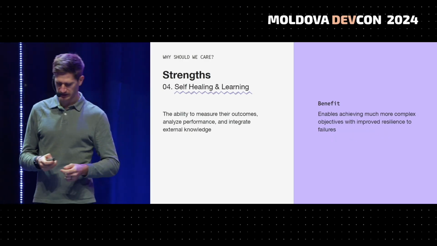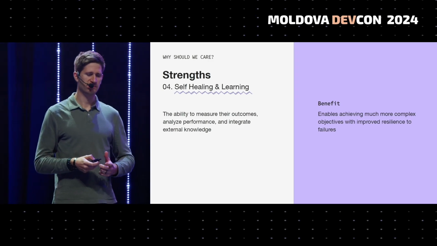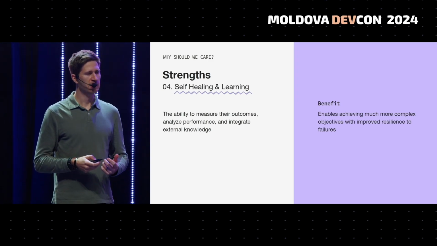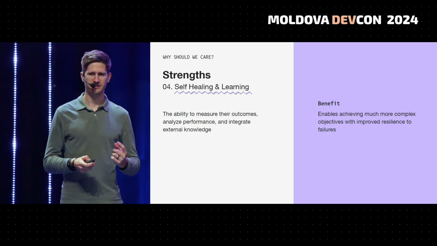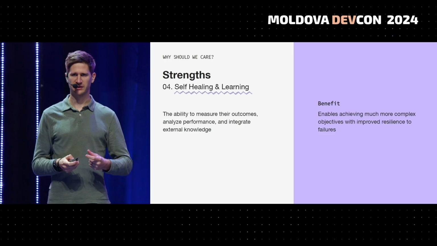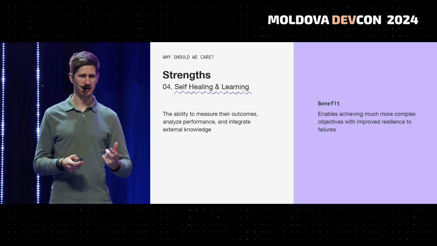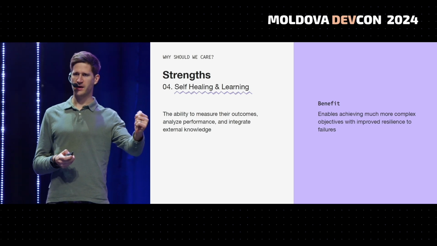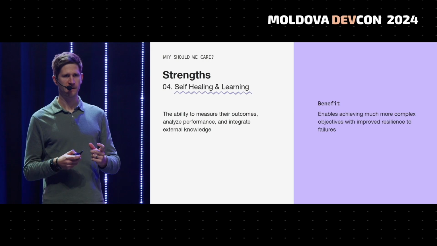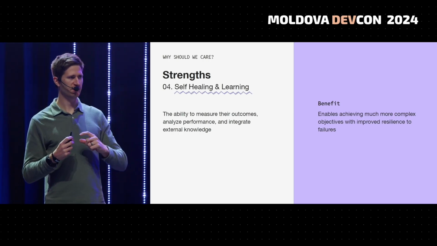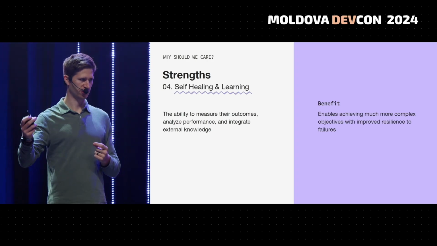And the last one is really interesting and I think super powerful. And that's the ability for it to self-heal and learn. One thing that LLMs are really good at is reflecting on their own outcomes. So, for example, if you make an API call as an agent to an API, and you get an error back, and it says there's a URL parameter missing, an LLM actually has the ability to understand that, recreate the URL, add the parameter, and fix its own mistake.